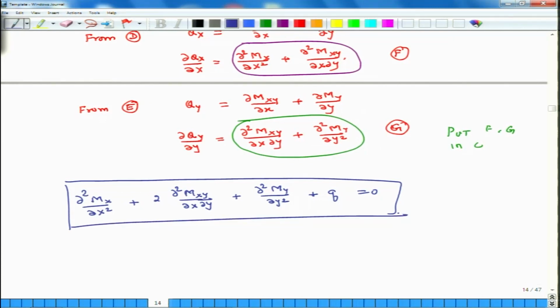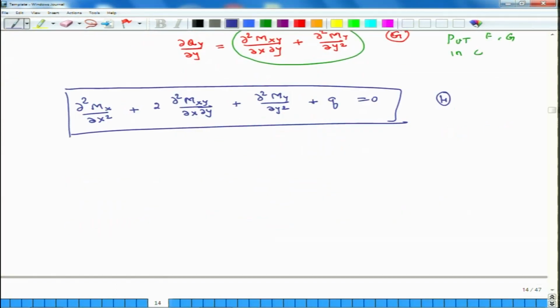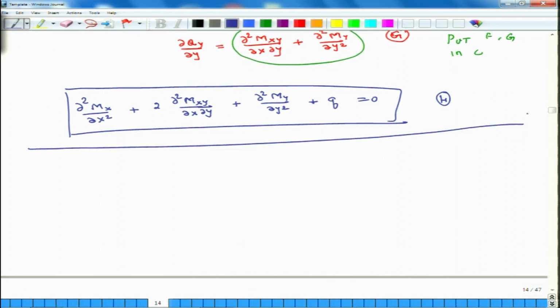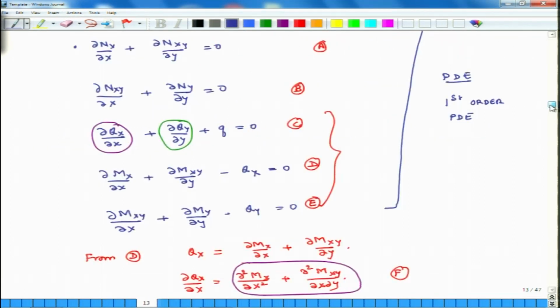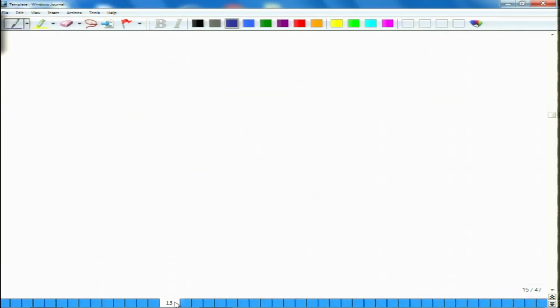So, this is the other equation. We have H. So, I can use these 5 equations A, B, C, D and E, or I can use these 3 equations.